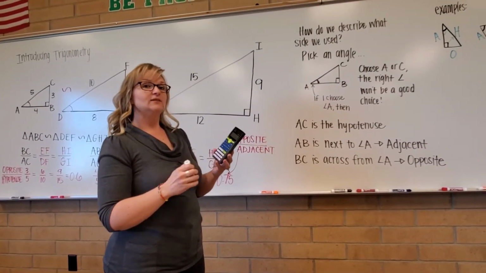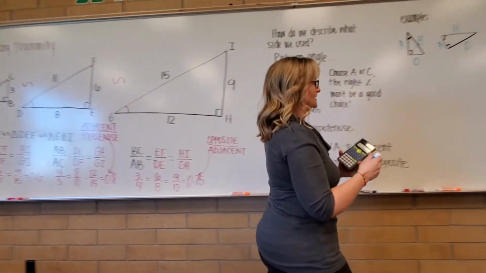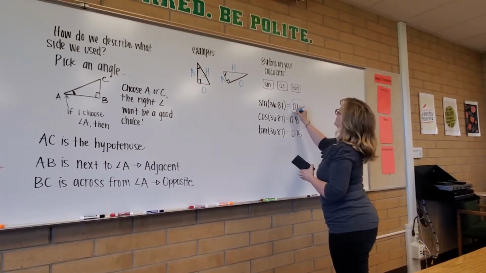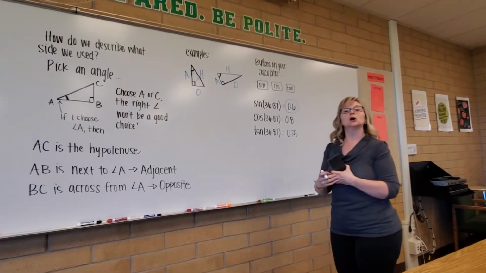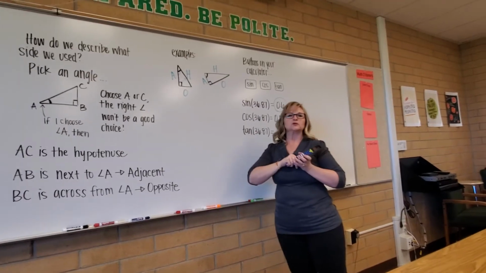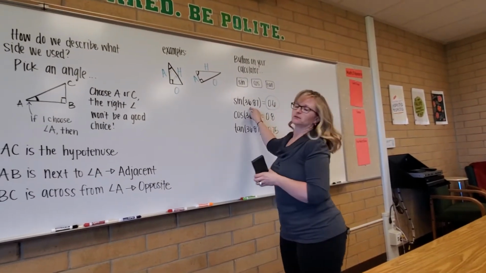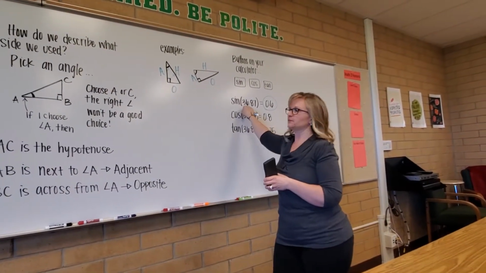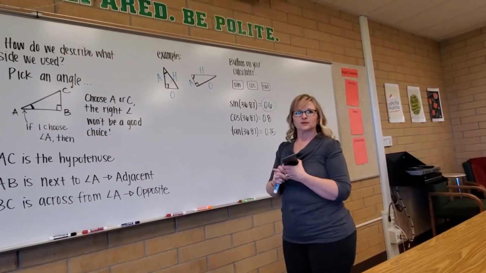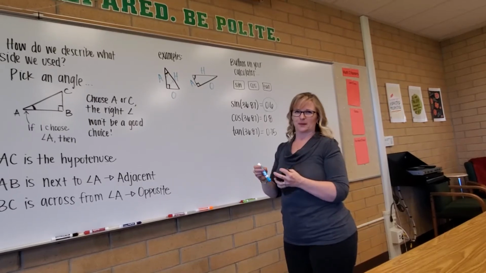It should give you 0.6. If you don't, then it might be in what we call the wrong mode. We are using degrees. This measurement right here of 36.87 is how big that angle is in degrees. If the calculator happens to be in radian mode, that's bad.